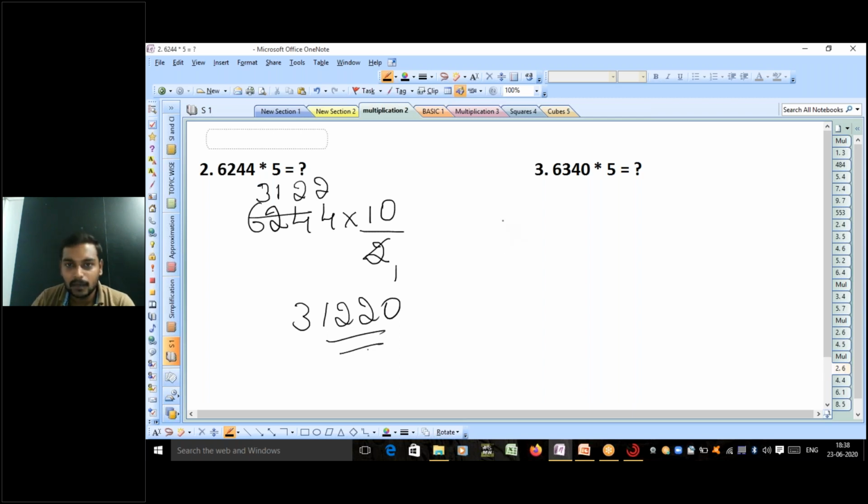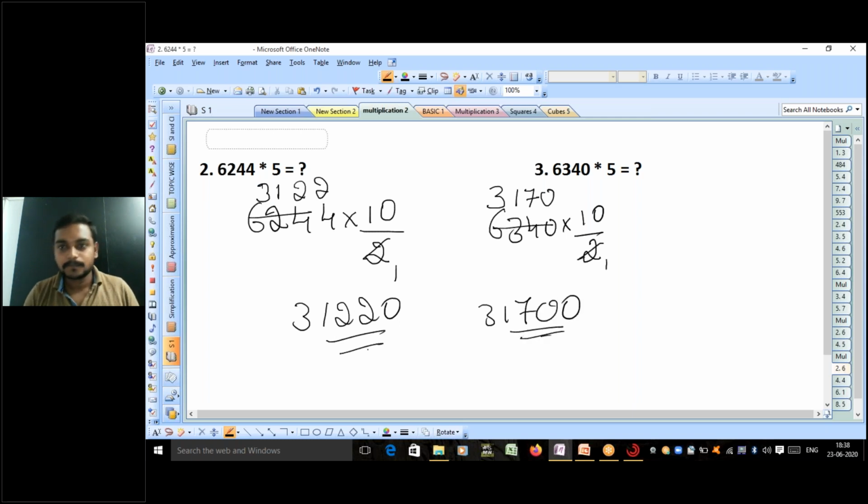So that is the answer for the second one. Then the third one, 6340 multiply with 5 is nothing but 10 by 2. 2 ones are 2, 2 threes are 6, 2 ones are 2, 1 will be the carry, it means 14, 2 sevens are 0. So the answer is 31,700. Good.